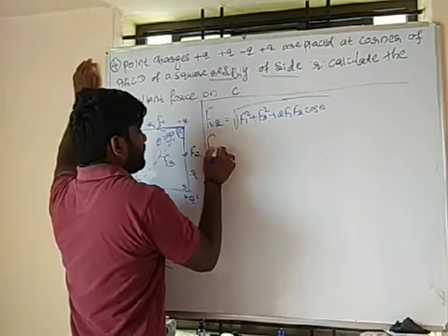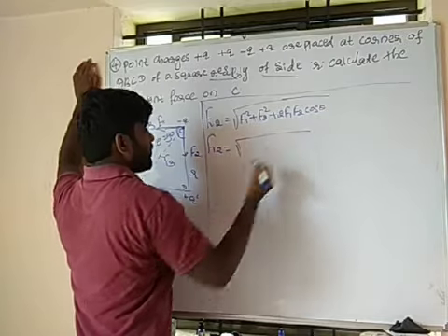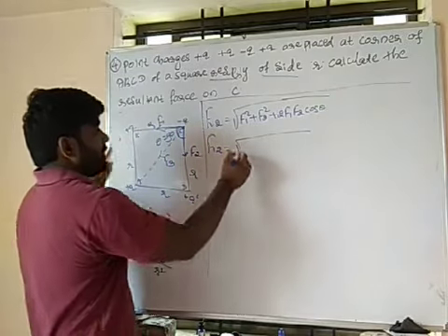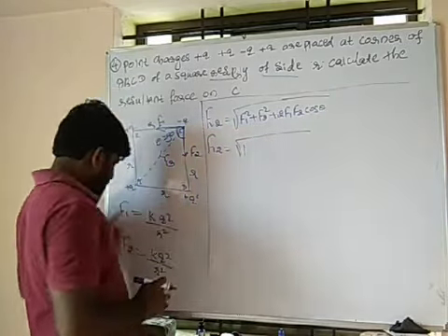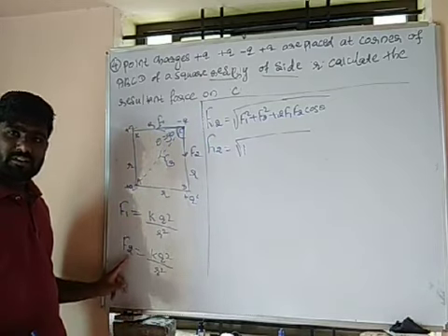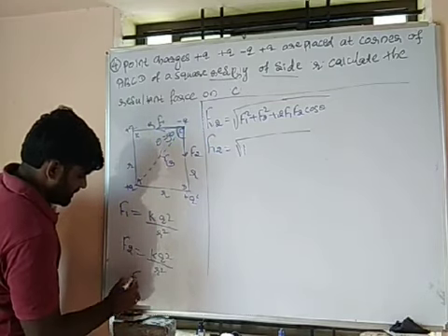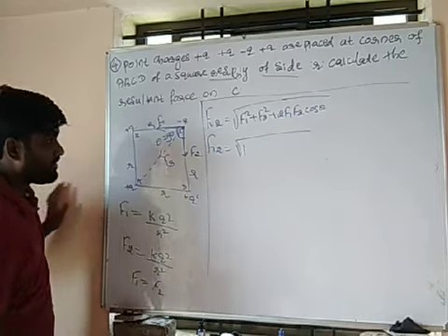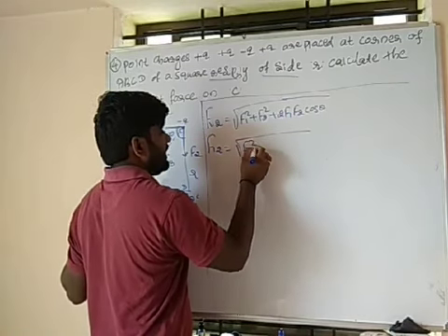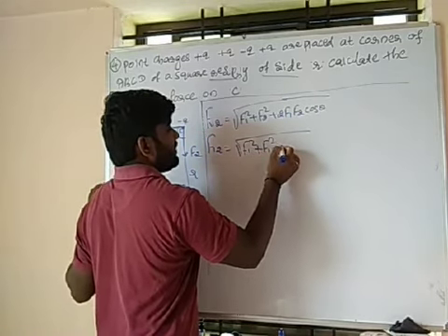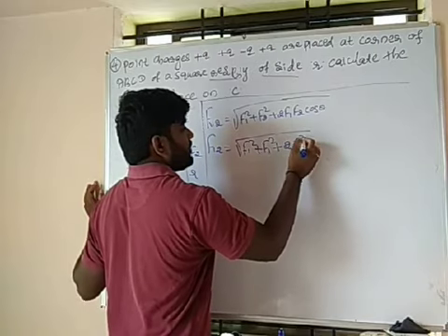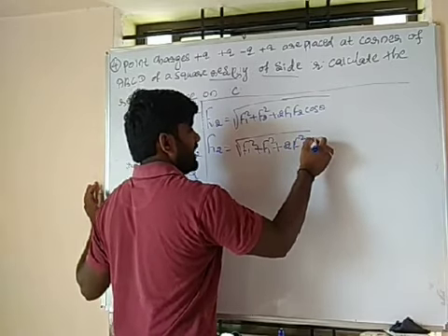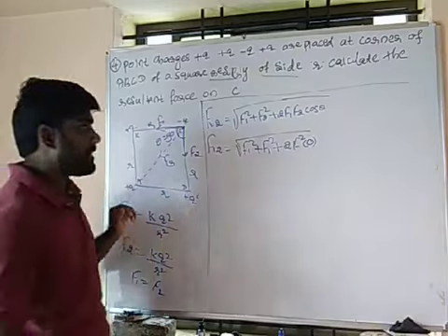Okay. This F12 is equal to root of F1 square. Is F1 equal to F2? F1 is equal to F2, no? So I am writing F1 square, again F1 square plus 2 F1 square cos 90, which must be 0. Okay.